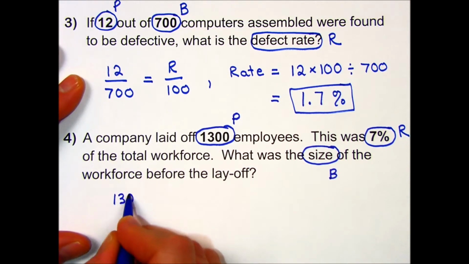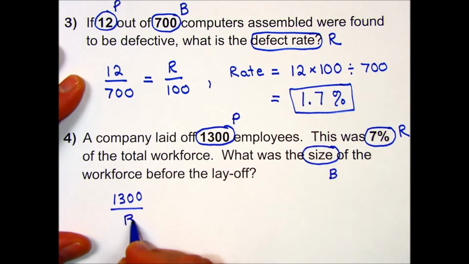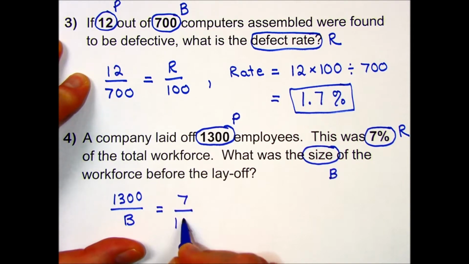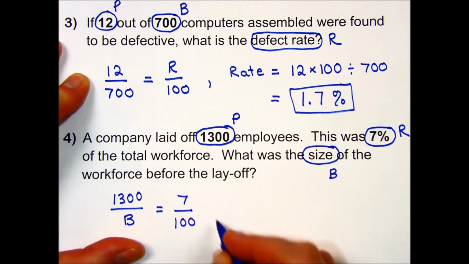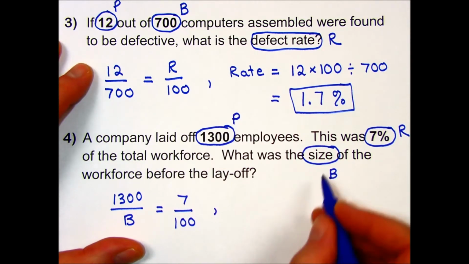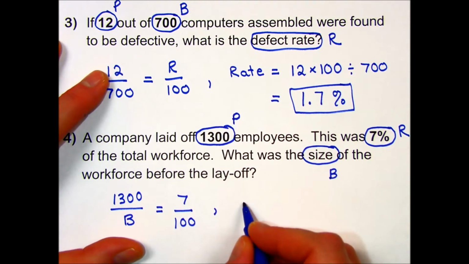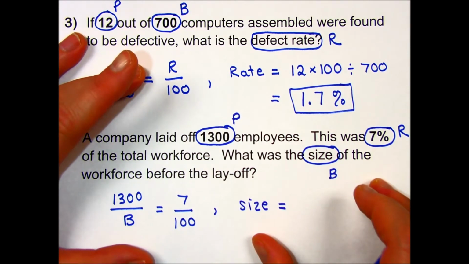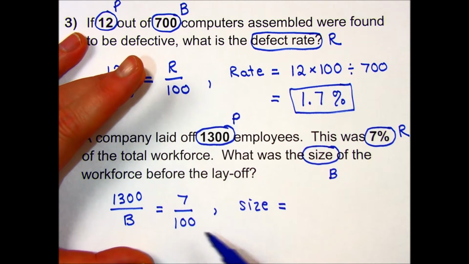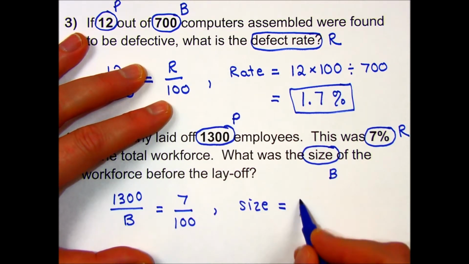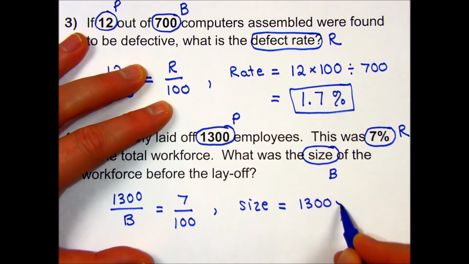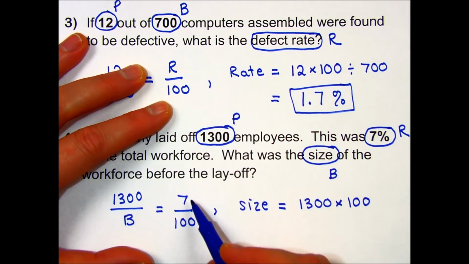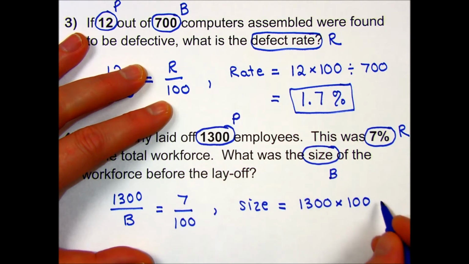Part over base is rate over 100. Let's find this size, this base. On the diagonal that has two numbers, I see 1,300 and 100, and I multiply those and divide by the number on the diagonal with my unknown.